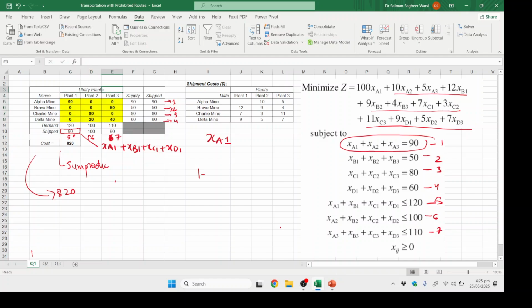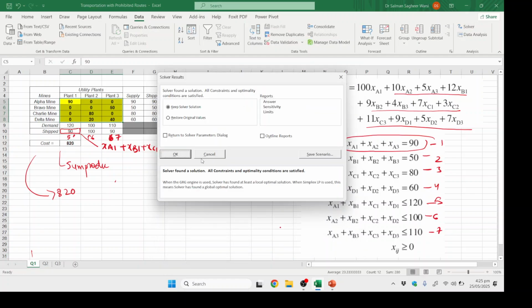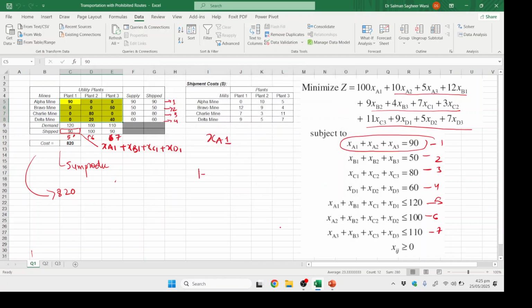Now if I put 0 here and solve it again, you can see that the value I'm getting is again 820. So either I put 0 here or I just omit it, the solver takes this route as having the lowest cost, and it allocates the quantity to be shipped from alpha to plant 1. So this means that this route is not prohibited in our solution.